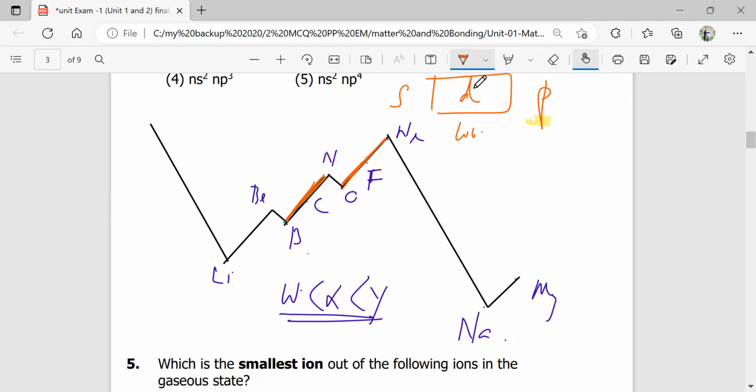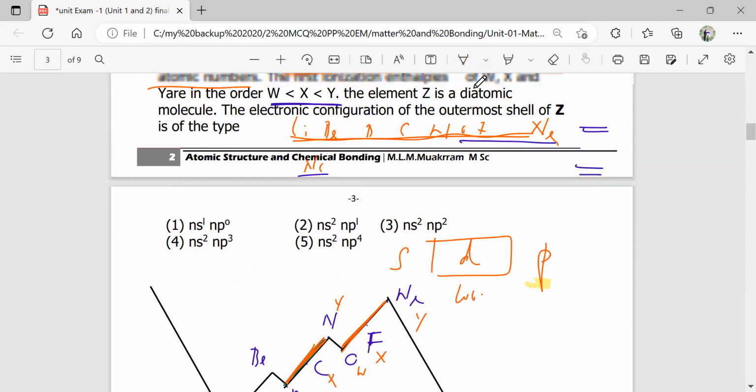So these are the two places where X, Y, Z can be considered. In the W, X and this, it can be Y, or these three, W, X, and Y. So we need certain information. Is it boron, carbon, nitrogen, or oxygen, fluorine, neon under the confirmed bundle? We still need data. We'll see what it is.